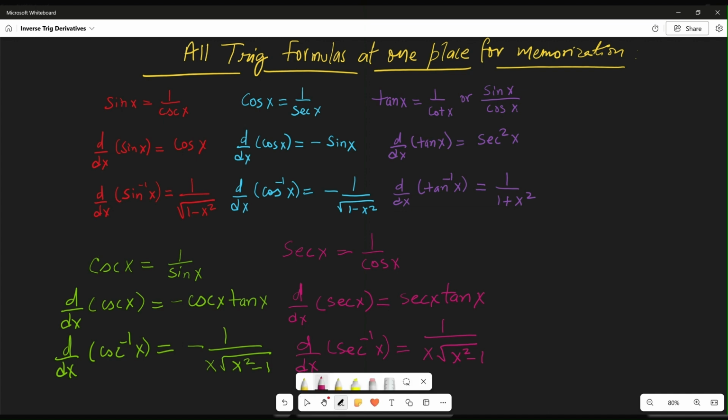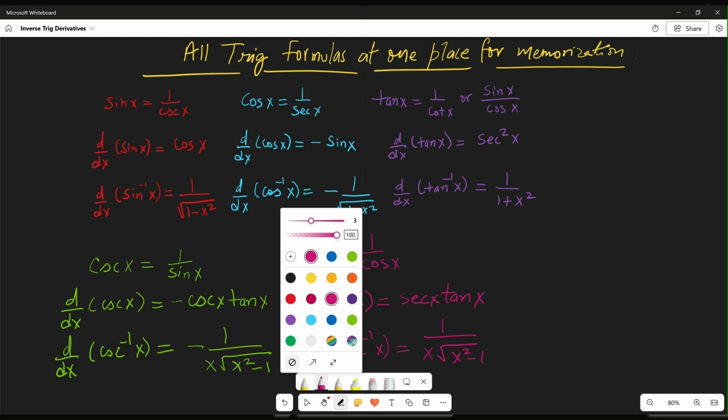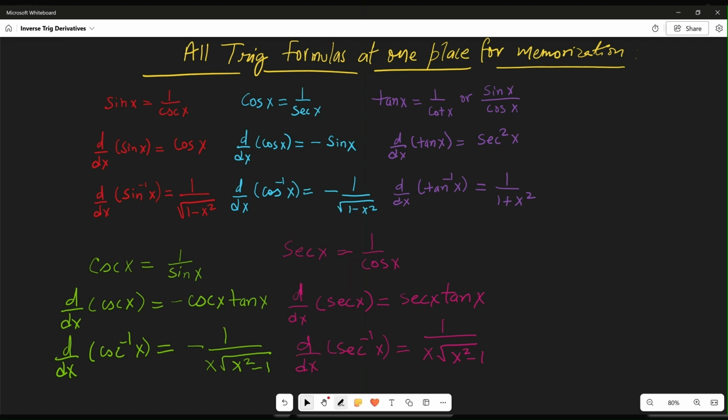Let's look at our last identity here, cot x. Again, cot x is 1 over tan x, or cos x over sin x. The derivative of tan x was what?